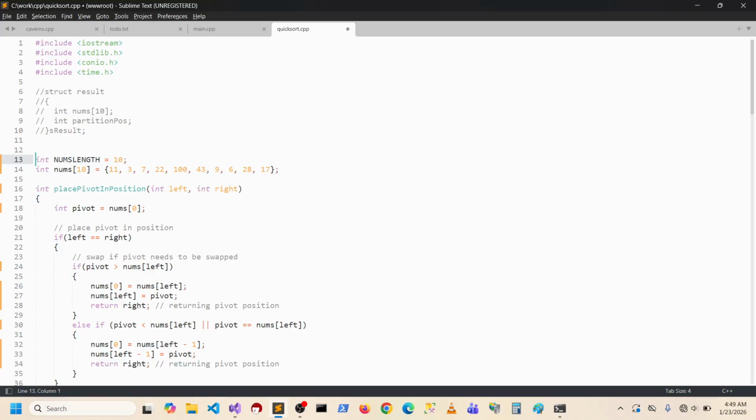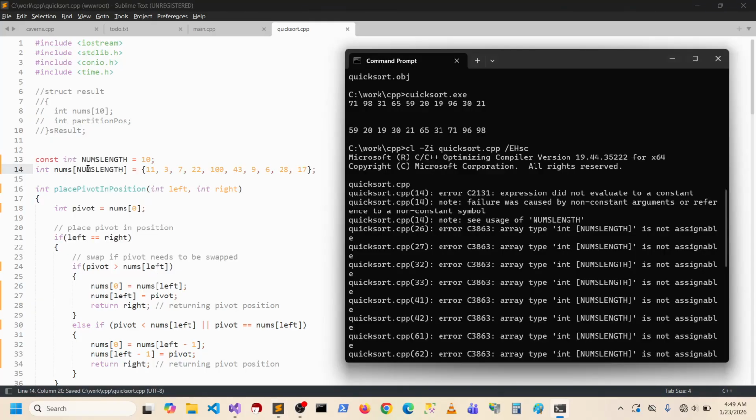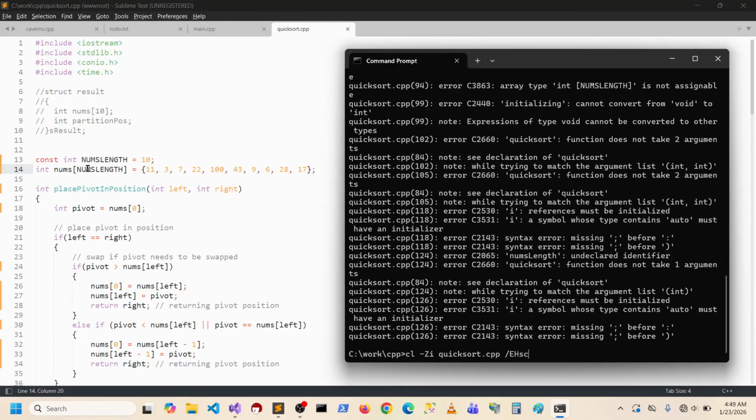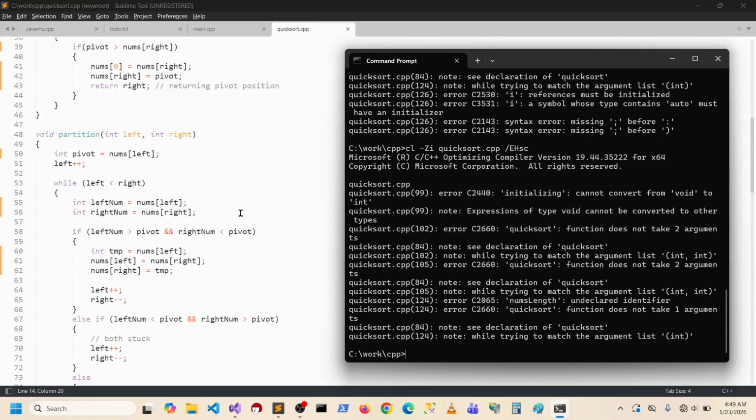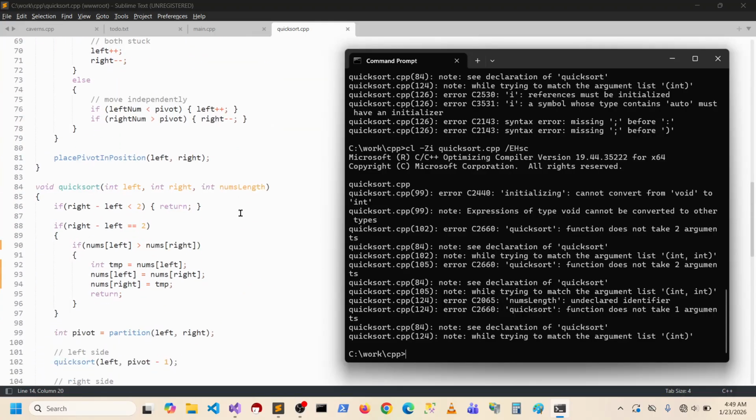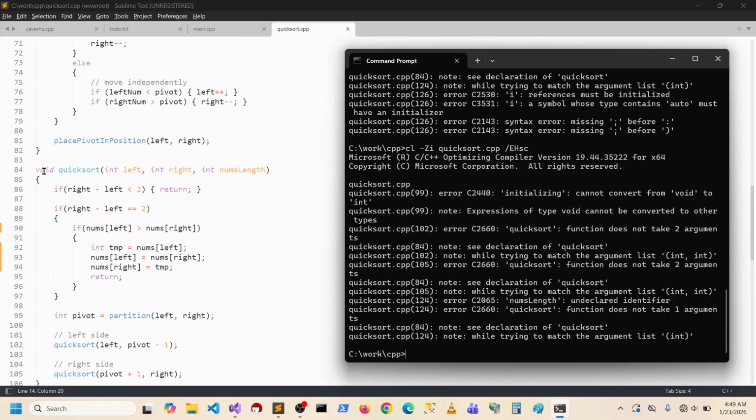Oh, where's my keys? Oh, shoot. Void to integer. Oh, where's that at? Quicksort.